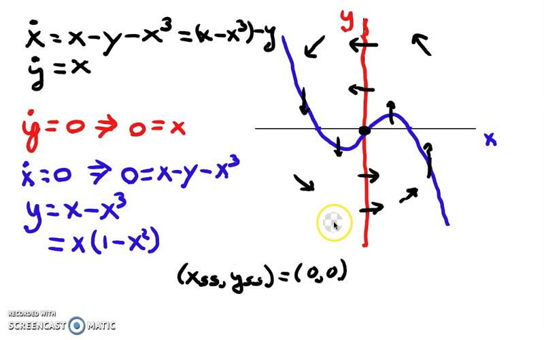But why don't we stop here for a moment and just confirm that our phase diagram is more or less correct by putting these equations into p-plane and seeing if we get something similar. So I am going to open up p-plane.